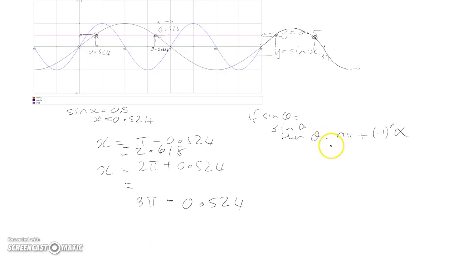First of all, my very first one, I'm going to say let n equal 0. So theta will equal 0 pi plus negative 1 to the 0 times alpha. Now alpha, we worked out, that's theta there, alpha is 0.524.